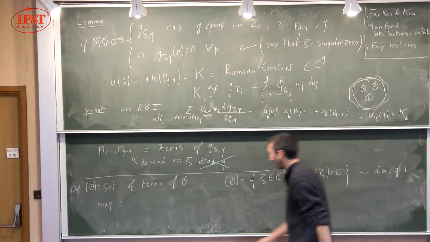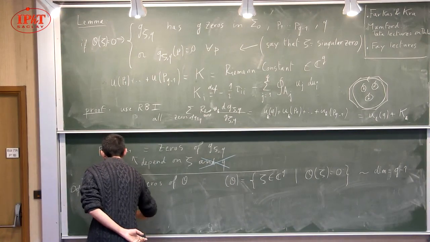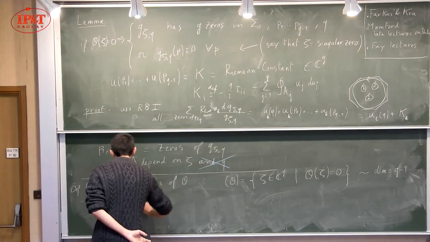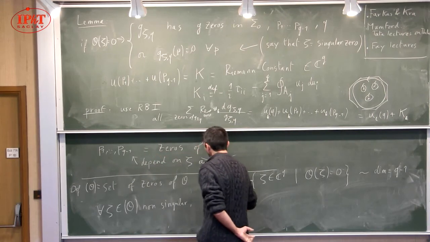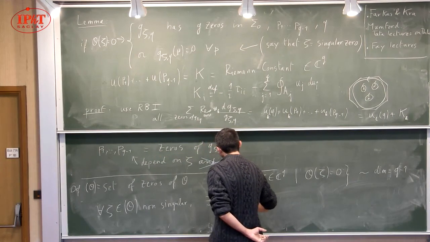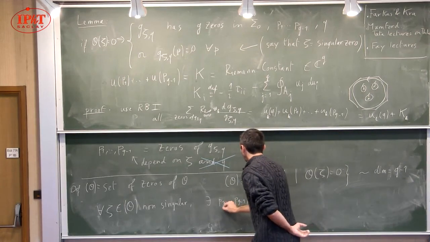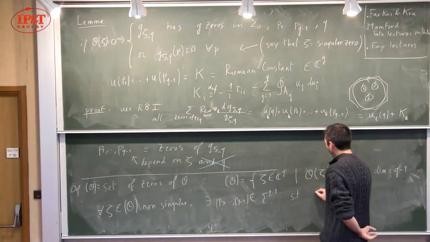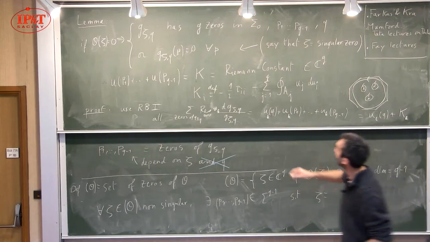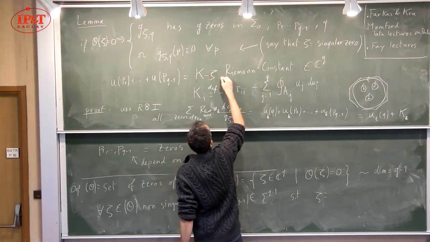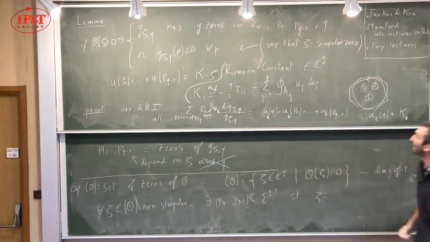So we know that for every zeta belonging to theta, non-singular, there exists P1 to P(g minus 1) that belongs to sigma to g minus 1, such that zeta equals K minus, I made a mistake, it was K minus zeta, where this was the Riemann constant.